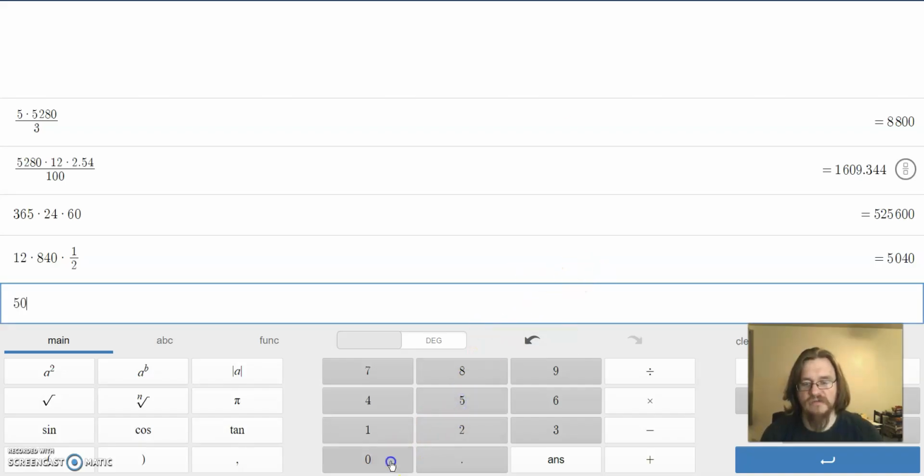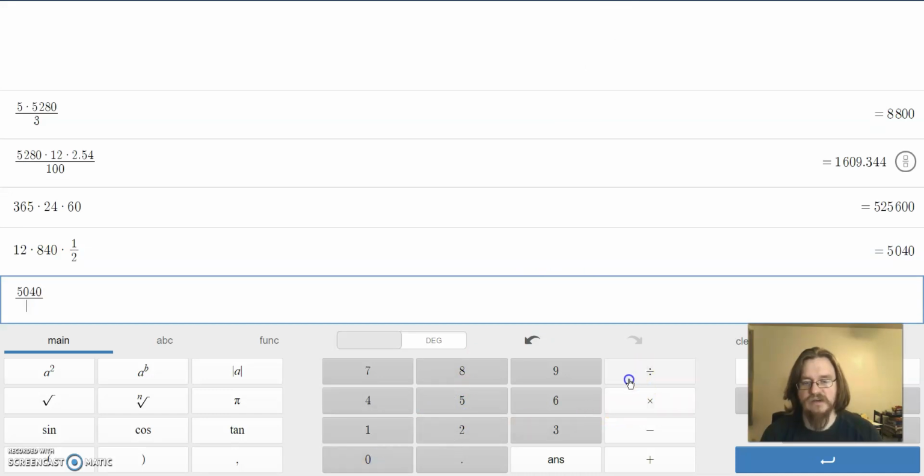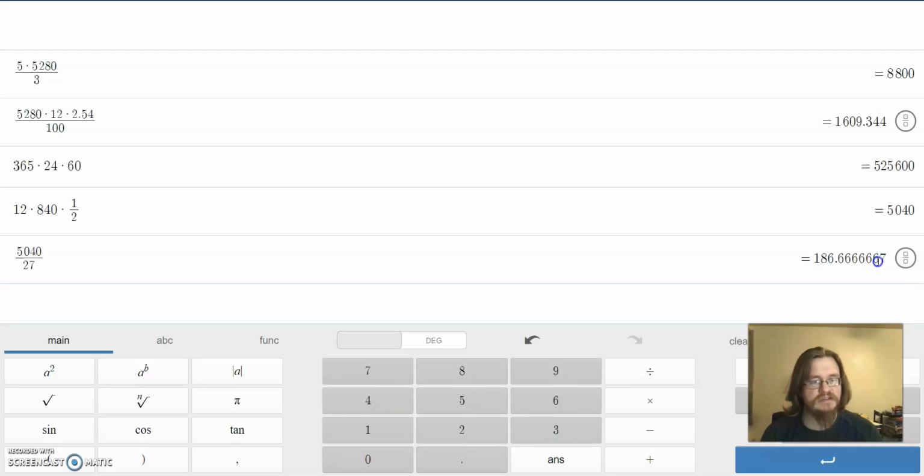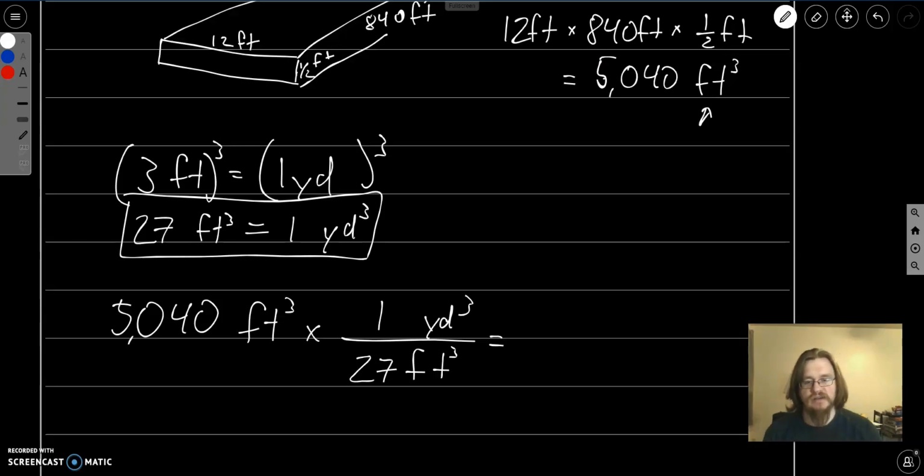So we'll have 5,040 divided by 27, and that will give us this number here. I'm going to keep this in decimals so that I'll get an exact answer. So I'll just write this down for now: 186 point, and then it looks like a bunch of sixes after that. 186.666 forever yards cubed.